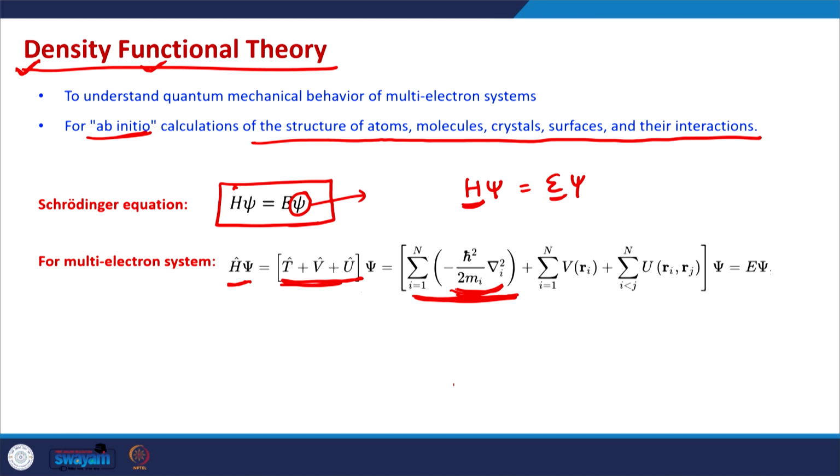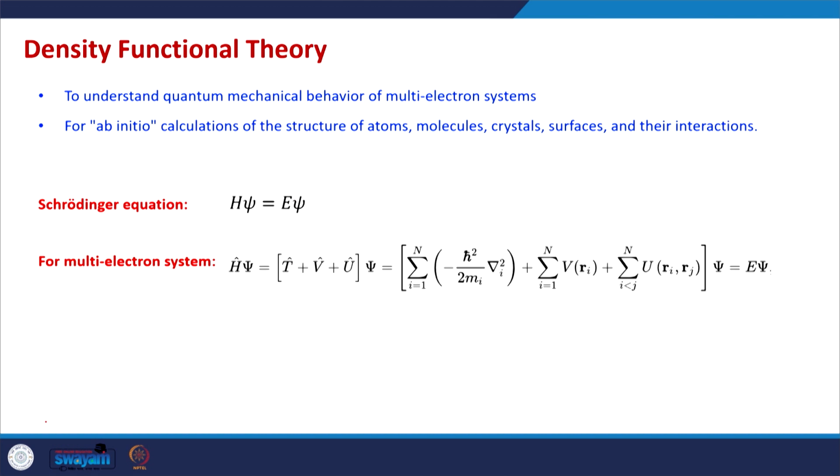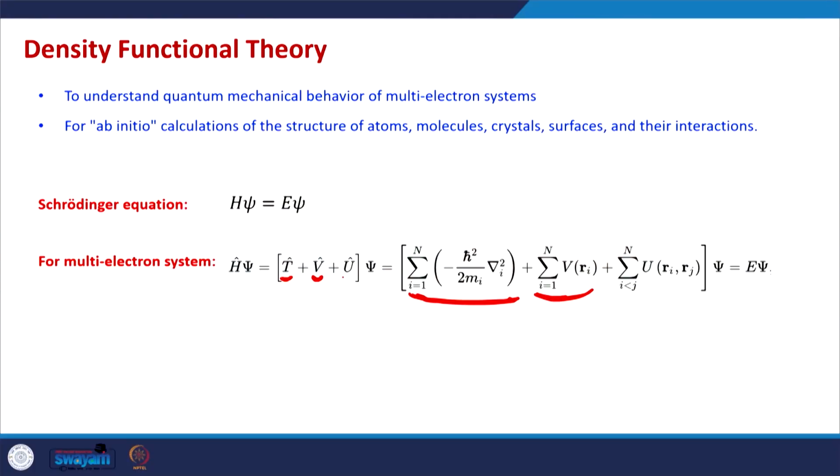Let's say there are capital N electrons in the system. The total energy of the electrons is the sum of the kinetic energy plus the interaction energy that arises because of the interaction of electrons with the nuclei, or positively charged atomic cores in the system, given by the second term, and third is the electron-electron interaction, given by the third term.